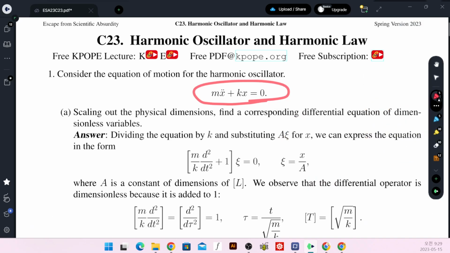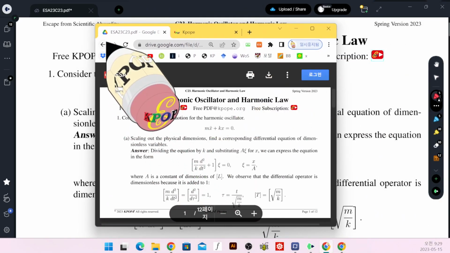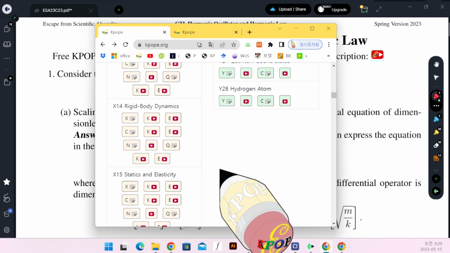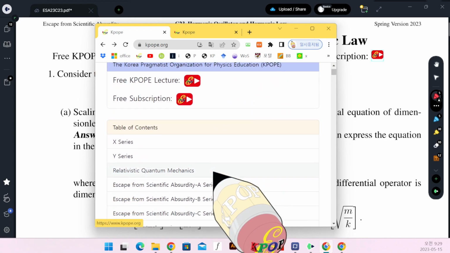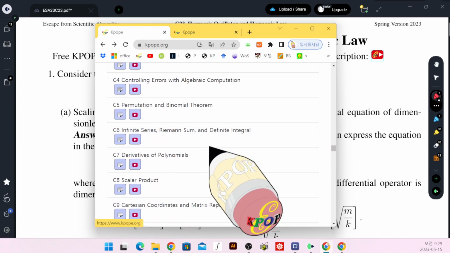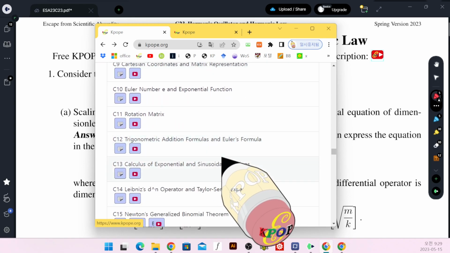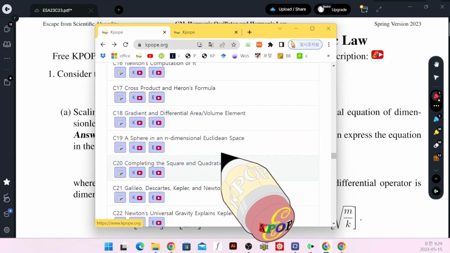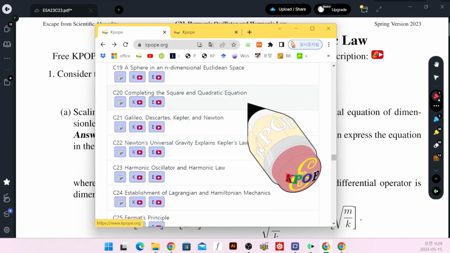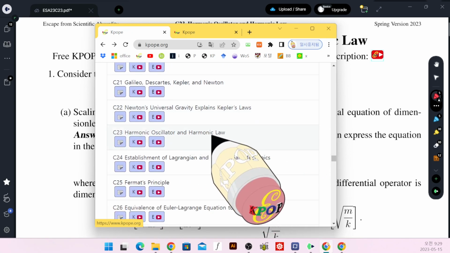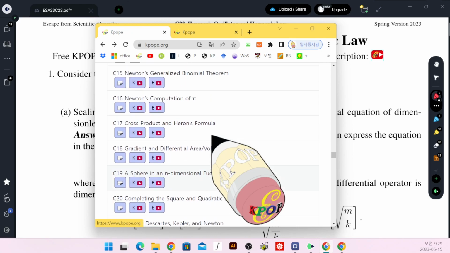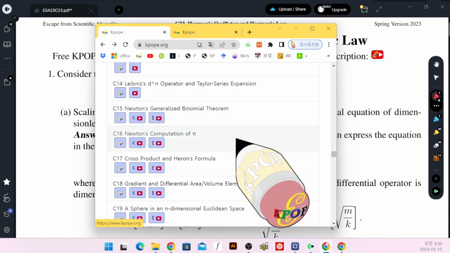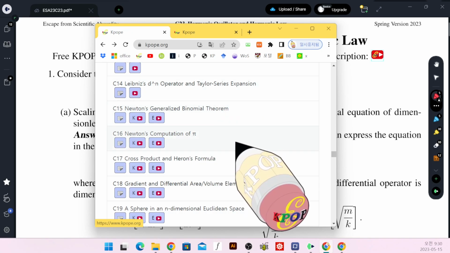For example, if you go there, we have studied a second series. We have studied various algebraic tools and calculus to attack this problem.